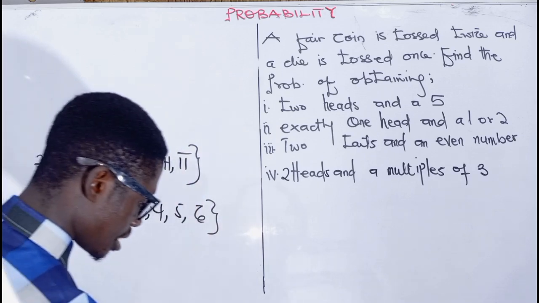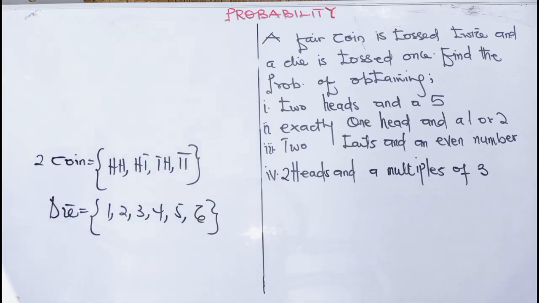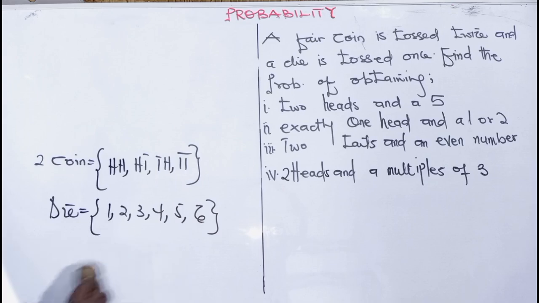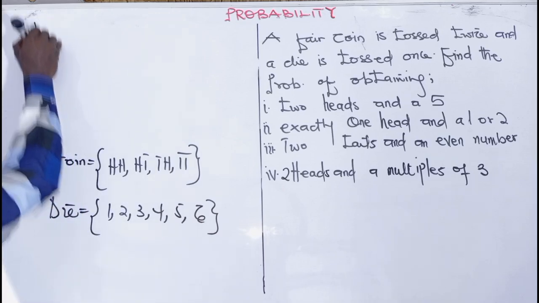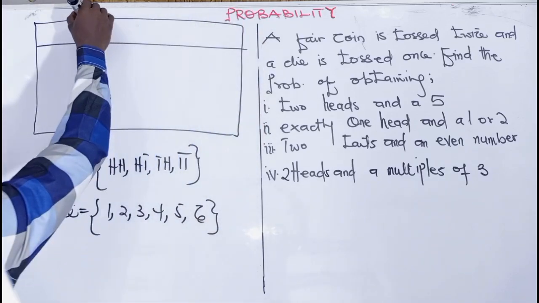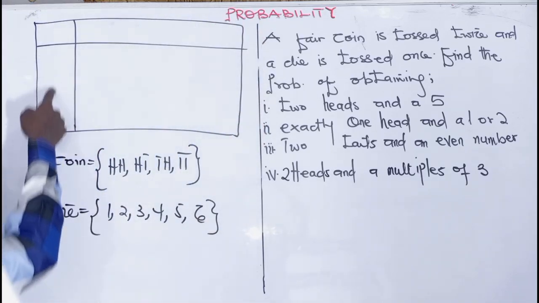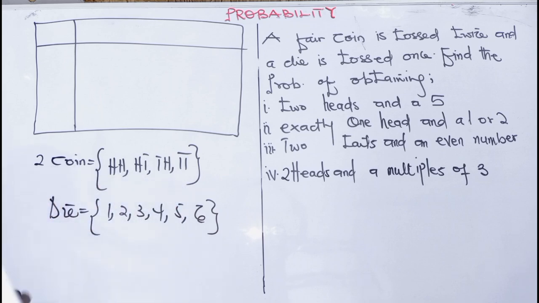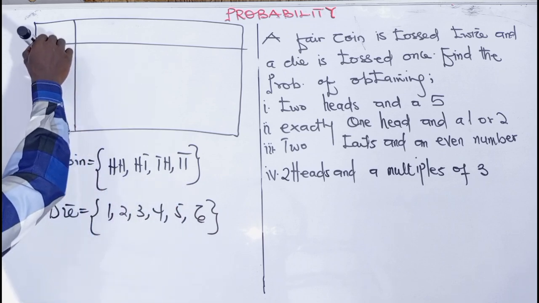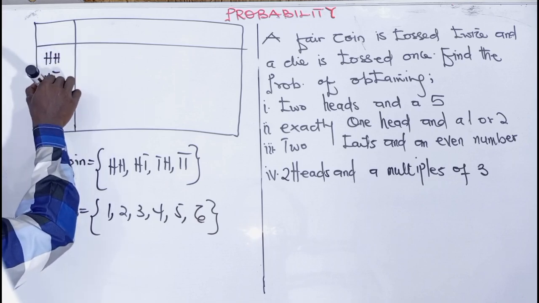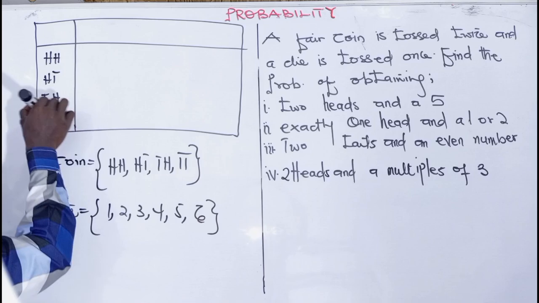We can use the table approach, so that is what we are going to draw. We are going to use this column to represent the set of possible outcomes when a coin is tossed twice. So we have head-head, head-tail, tail-head, and then tail-tail.